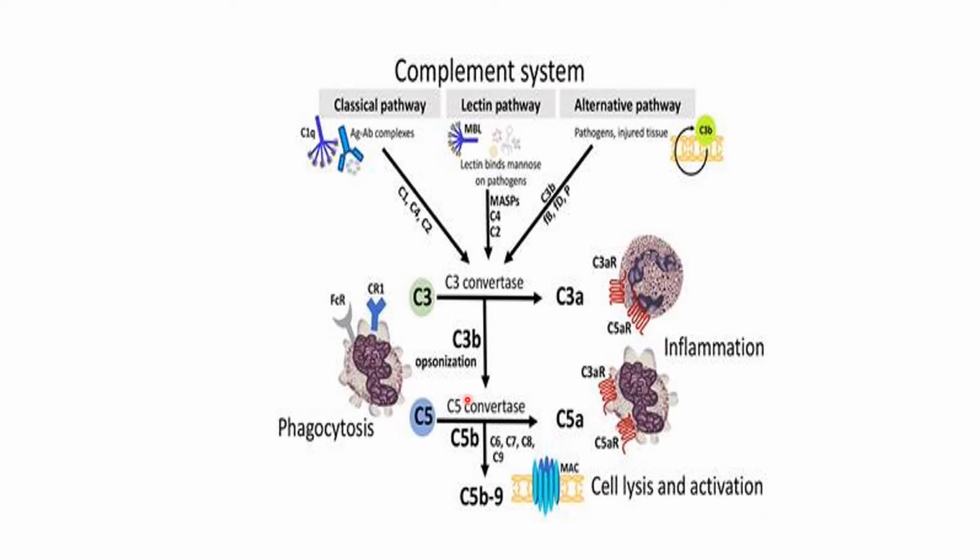Then it is leading to the activation of C5 into C5a and C5b. C5b is binding along with C6, 7, 8 and 9, causes holes to appear in the cell membrane of the foreign body and forms the membrane attack complex, resulting in cell lysis, whereas C5a is responsible for mediating the inflammatory response.